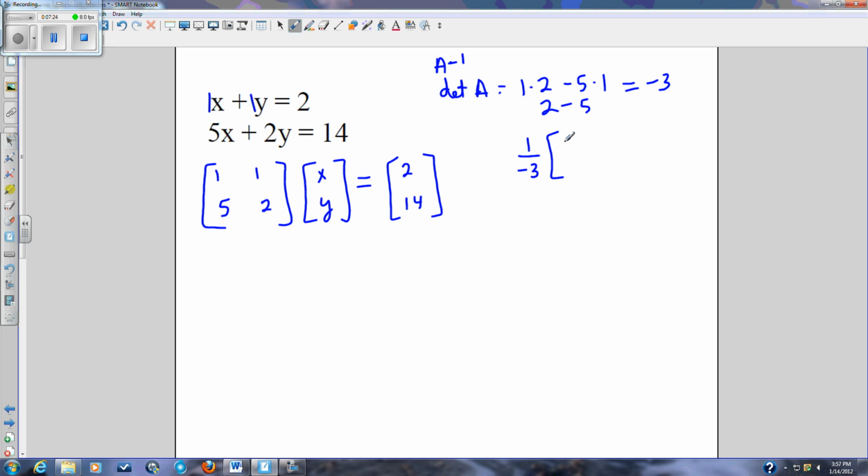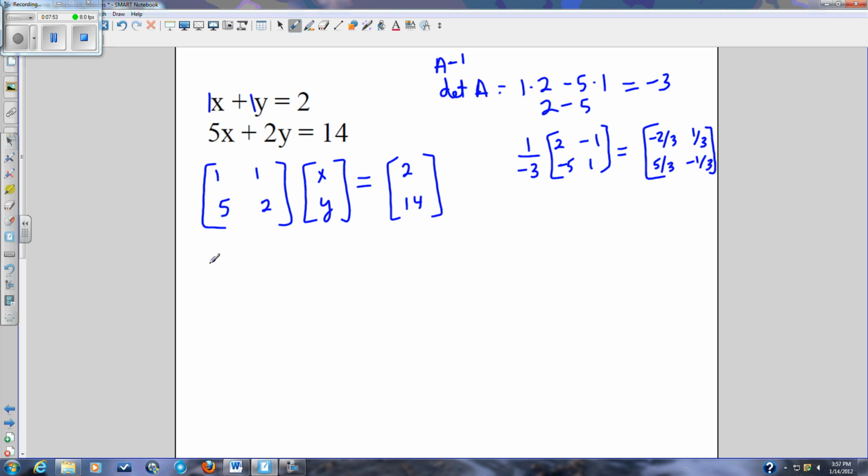We switch the 1 and the 2, switch those positions, and change the signs on the other terms. So now we can multiply. And so we're going to get fractions here. We have negative 2/3, positive 1/3, positive 5/3, and negative 1/3.